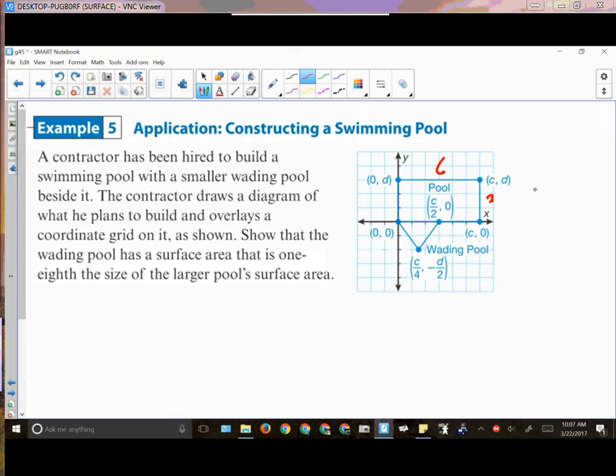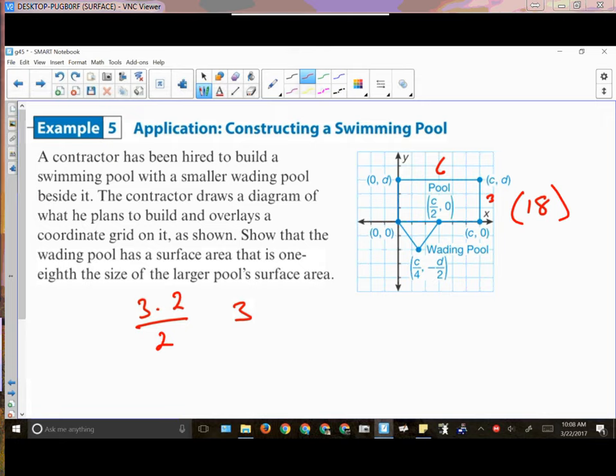So the area on this is going to be 6 times 3, which is 18 units, correct? Okay. Now, what about the triangle? The triangle has a base of 1, 2, 3, and a height of 2, divided by 2, because it's base times height divided by 2, correct? So this has an area of 3.